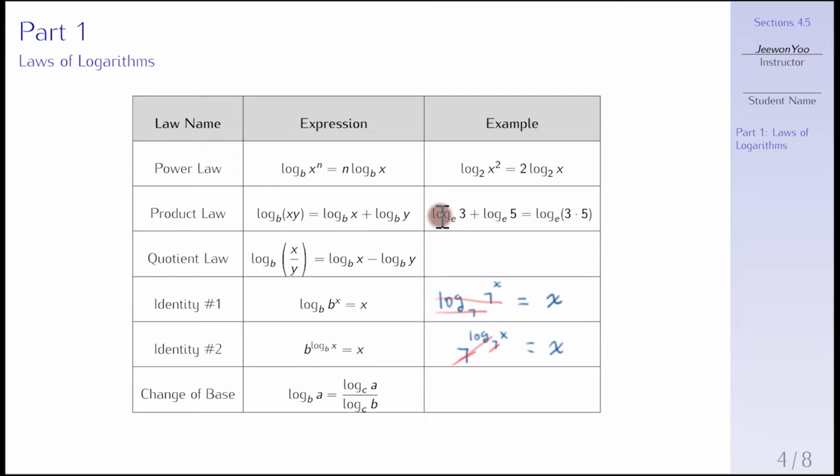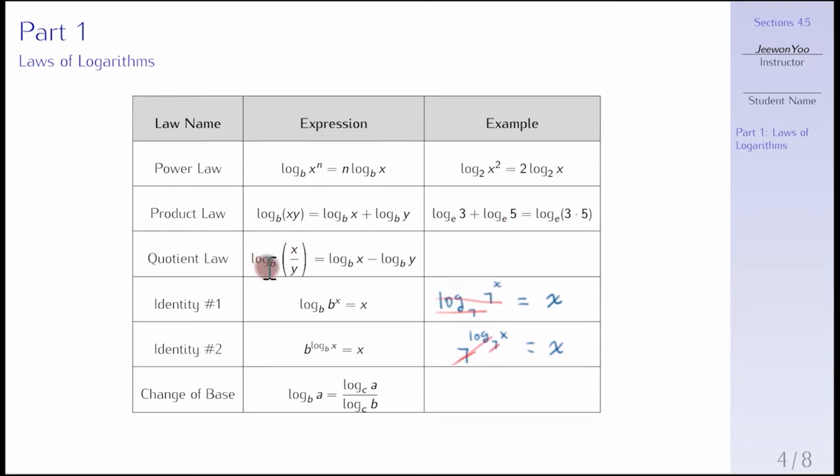For instance, let's say you have log base e of 3 plus log base e of 5. You can combine them as a single logarithm by using the product law. It's log base e of this number times this number, so 3 times 5.